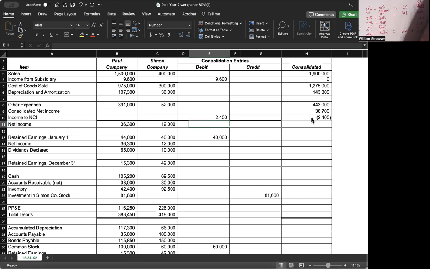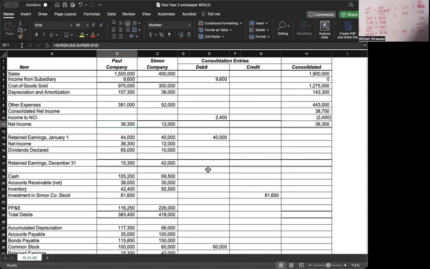And that brings me another item within this section of my work paper. It also provides me with the income to controlling interests, which, remember, in this instance, it should always equal out to what the parent would have reported.